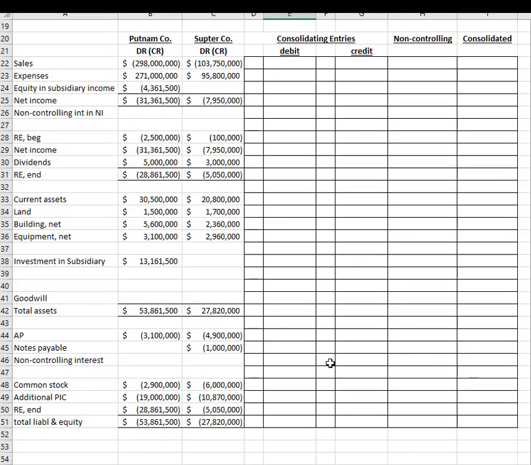Okay, so the S entry to eliminate the book value. Okay, so there's the book value, and that's going to be split between the investment in their 55 and the non-controlling interest, their 45.